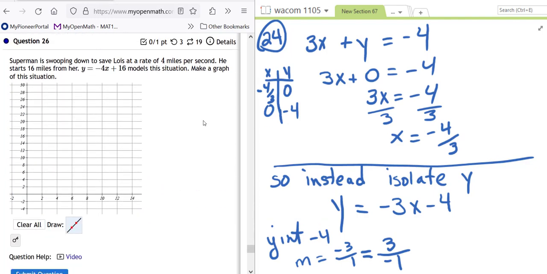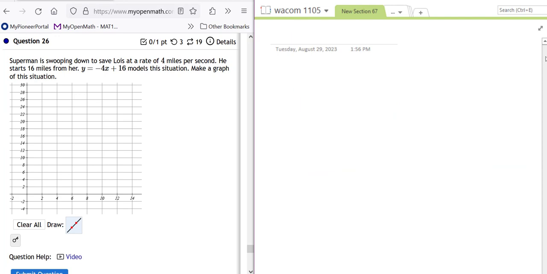All right, don't freak out when you see something that looks like a word problem. This one is really just describing a situation to you. It says Superman is swooping down to save Lois at a rate of 4 miles per second. And rate is really going to be your slope.